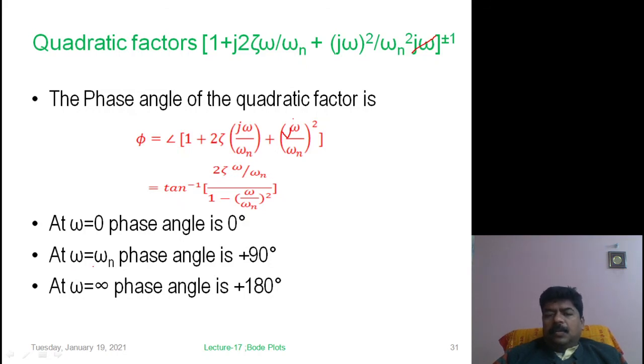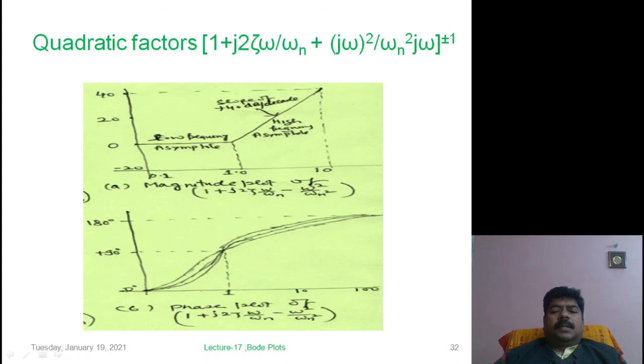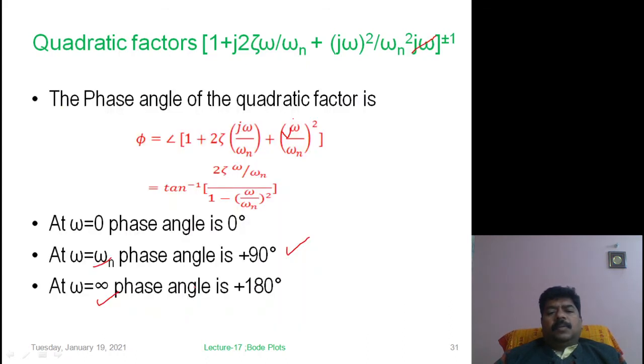At omega equal to omega n, this contributes plus 90 degrees. At omega equal to infinity, this contributes 180 degrees. So the phase plot can be drawn for this. Here omega equal to omega n means omega by omega n becomes 1, so the denominator becomes 0, and then the angle will be 90 degrees.